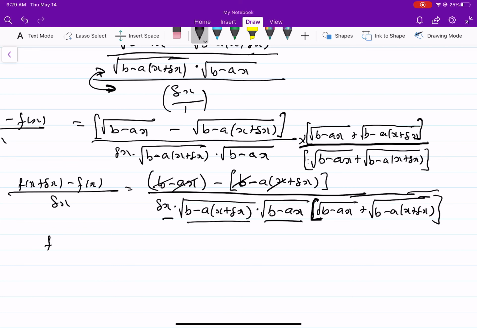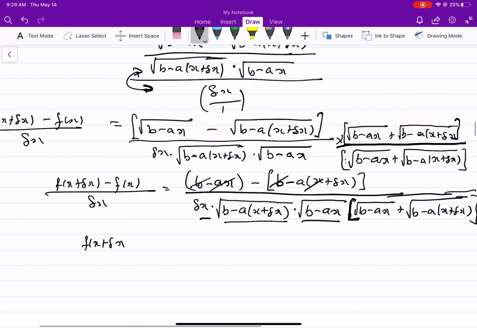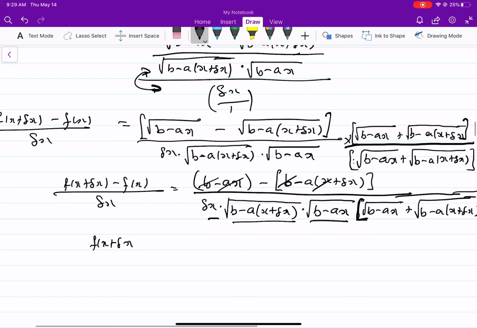If you are unsure, open up all the brackets one at a time, and you're going to see that that's the case. Let me double check. So plus ax and minus ax will cancel out. Minus b and plus b will cancel out. And plus a times delta x is left on top.